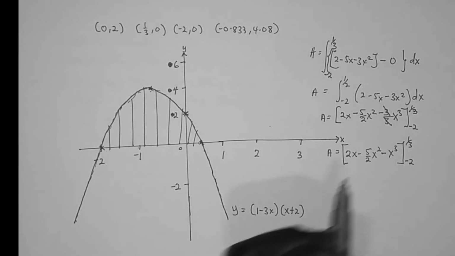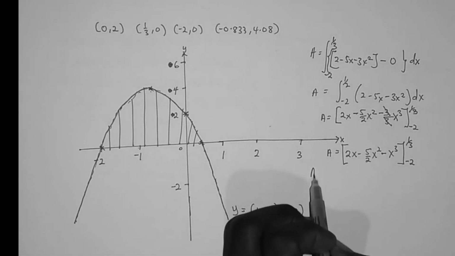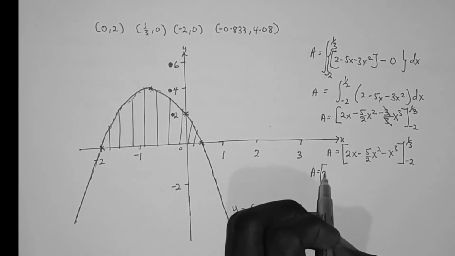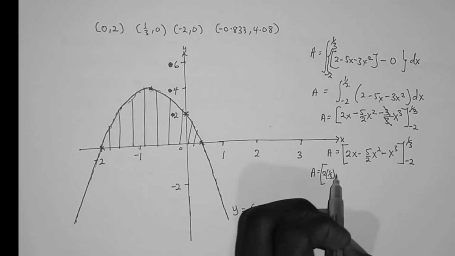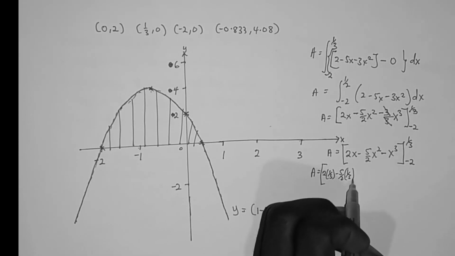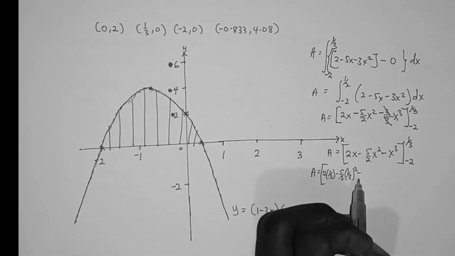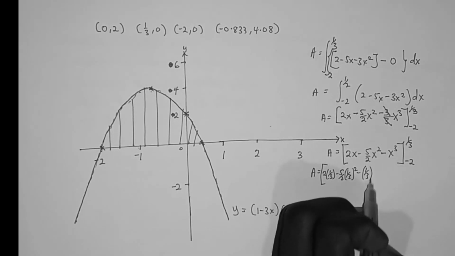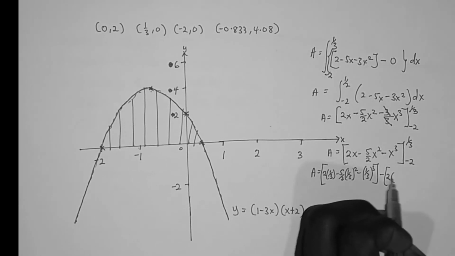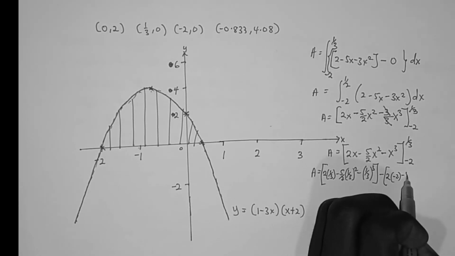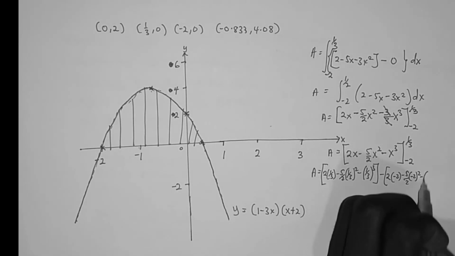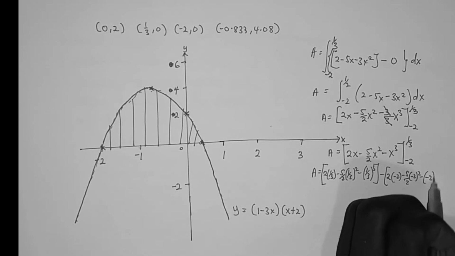So we'll go ahead and substitute the limits. The area is equal to the upper limit minus the lower limit, which is 2 times 1 over 3 minus 5 over 2 times 1 over 3 squared minus 1 over 3 cubed, then minus the bracket 2 times minus 2 minus 5 over 2 times minus 2 squared minus minus 2 cubed.